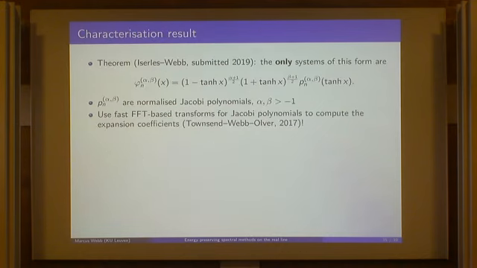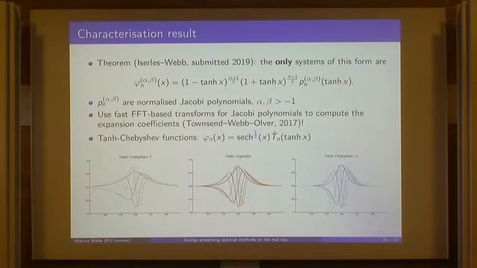They're the only ones that can satisfy all the constraints. And we're very surprised it's not some esoteric, crazy polynomial family. It's the Jacobi polynomials. And we have fast transform methods. We can compute coefficients in that basis really fast using FFT-based algorithms, which makes it scalable.